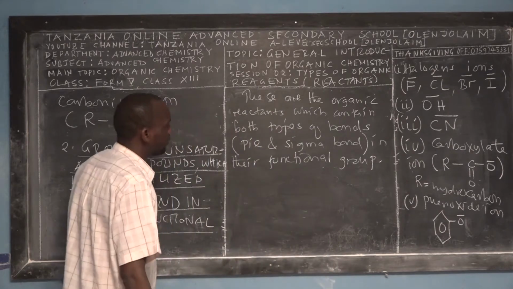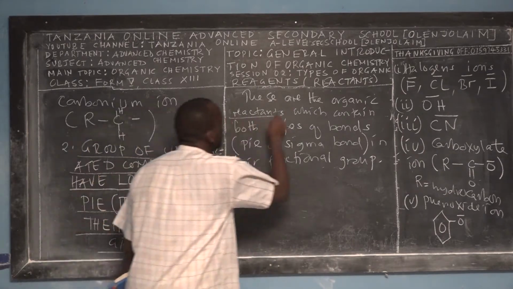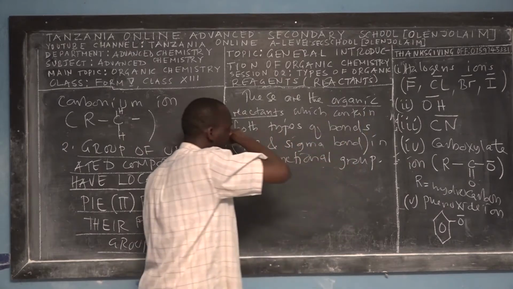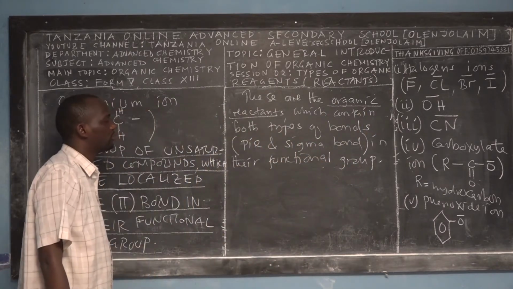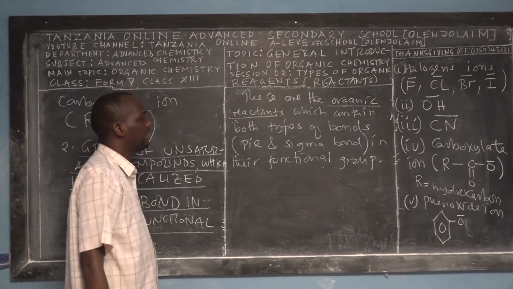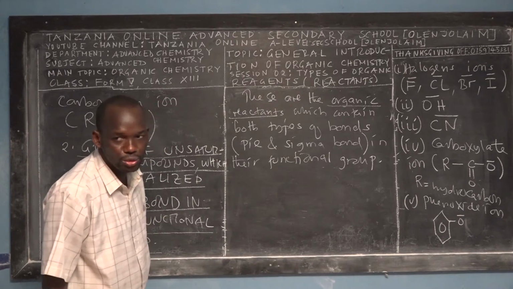So these are the organic reactants which contain both types of bonds, pi bond and sigma bond, in their functional group.